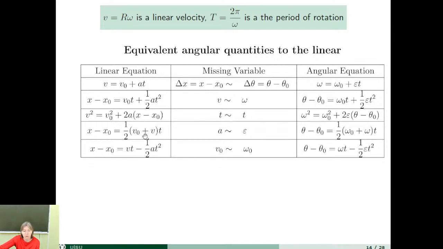And look at these equations of kinematics. These are the formulas for translational motion, the linear equations, and these express rotational motion, the angular equations.